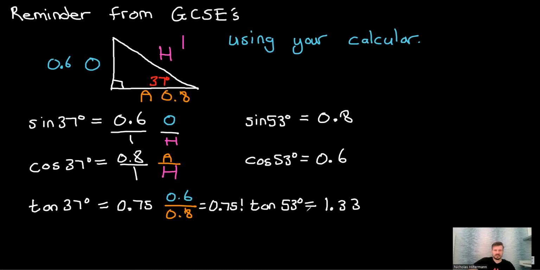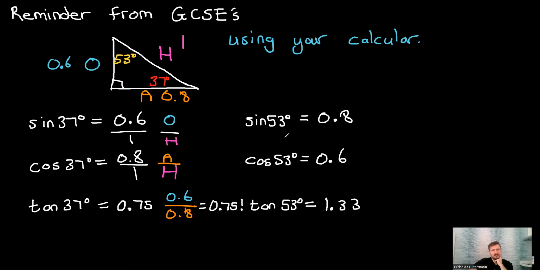Now what we notice is that 53 just so happens to be this angle here. And 53 plus 37 gives you 90. So angles in a triangle add up to 180.